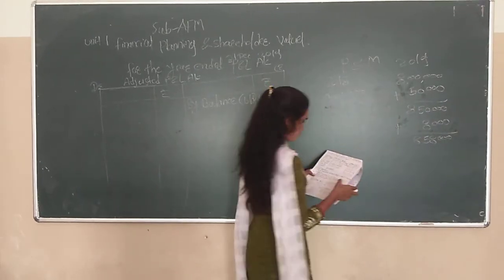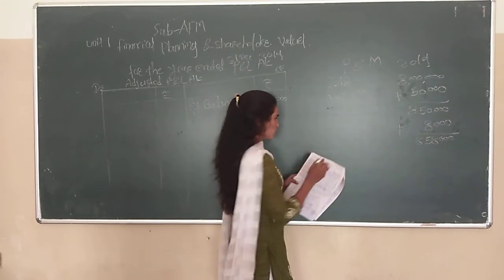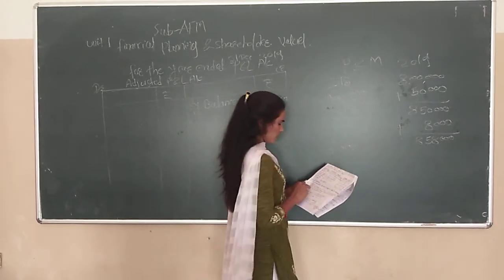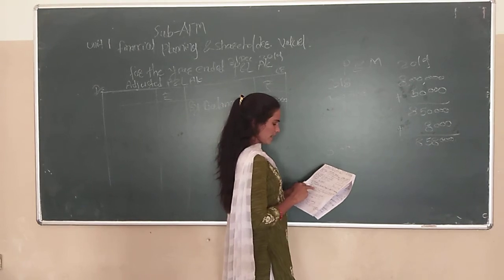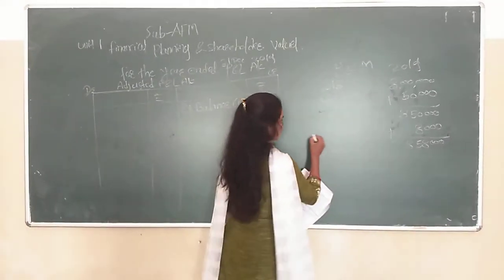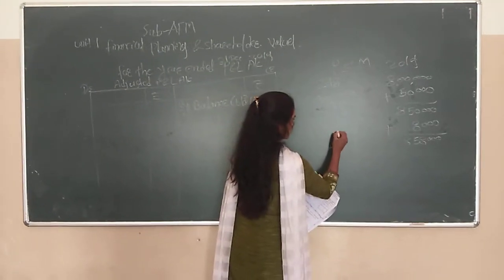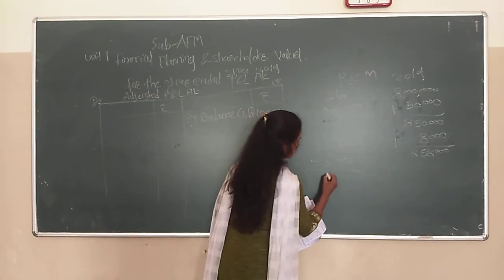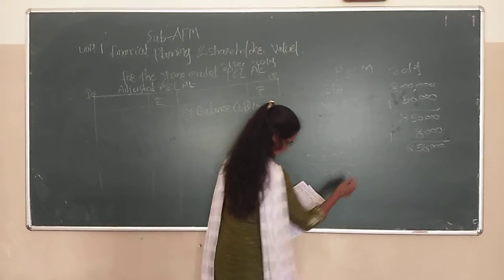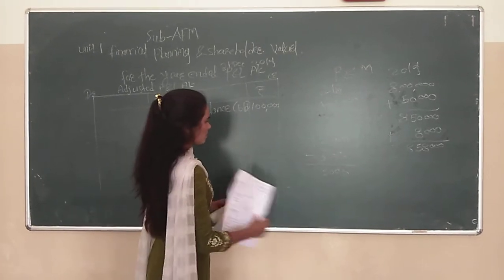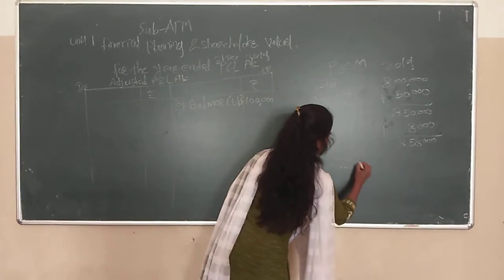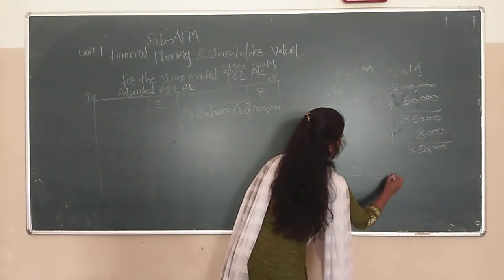And the adjustment: 8,000 during the year 2019, sold, and it had cost 12,000. Cost 12,000 means 12,000 minus 8,000 is equal to 3,000. This is the loss on plant and machinery. Okay.